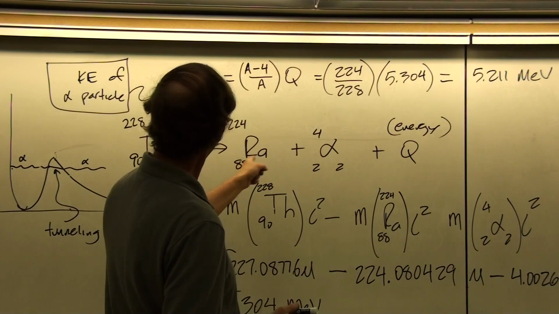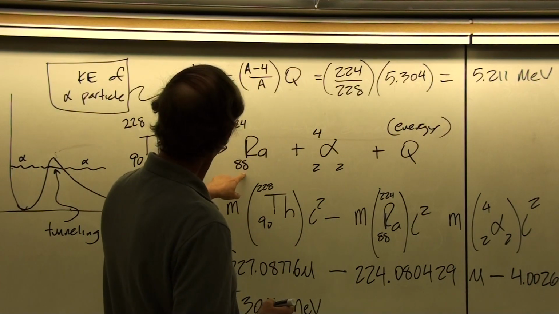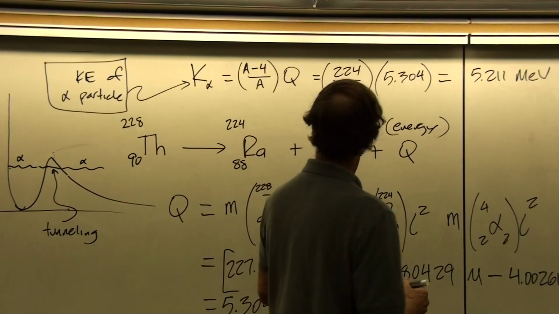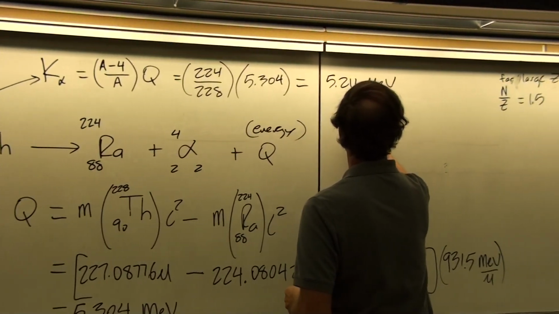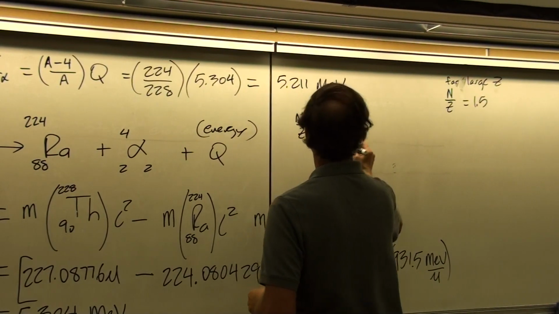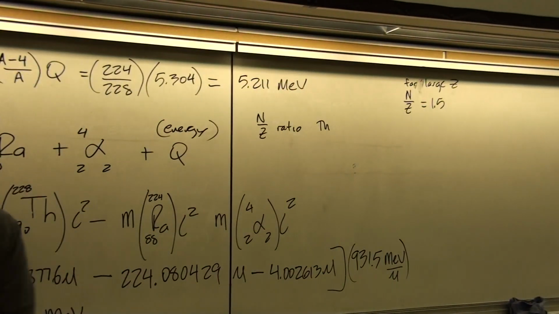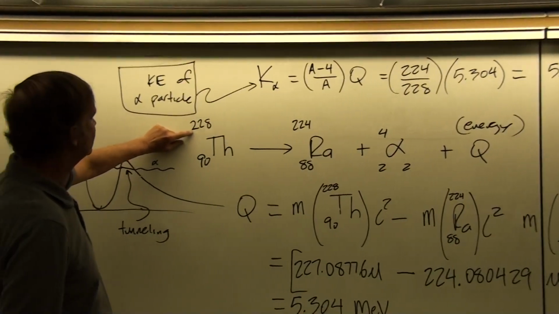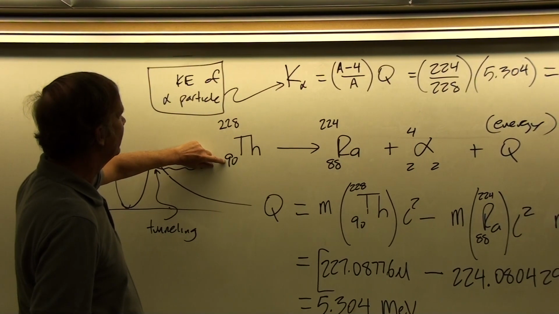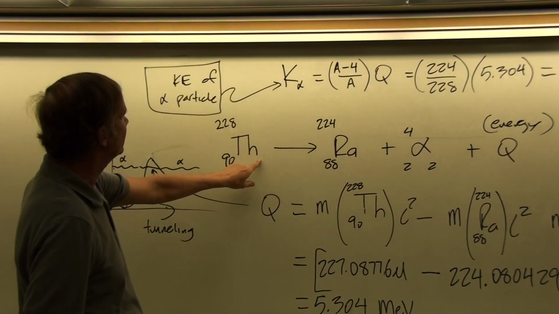Now, if we look at this reaction and then we compare the N to Z values for these two, what we find is that the N to Z ratio for thorium is going to be, well here, this is 90 plus what is 228? Well, that would be, what, 138? Is that what this would be, 138?